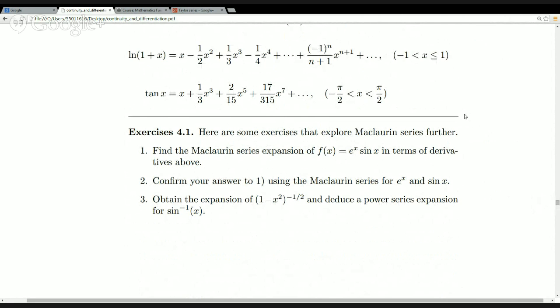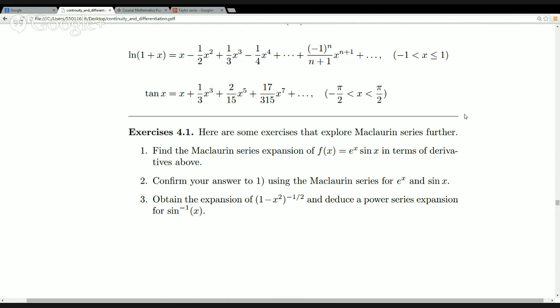So we'll have a look at exercise 4.1. And this is really just to check that you're familiar with the concept of the Taylor series and how it links to differentiation, and just being able to do certain verification.